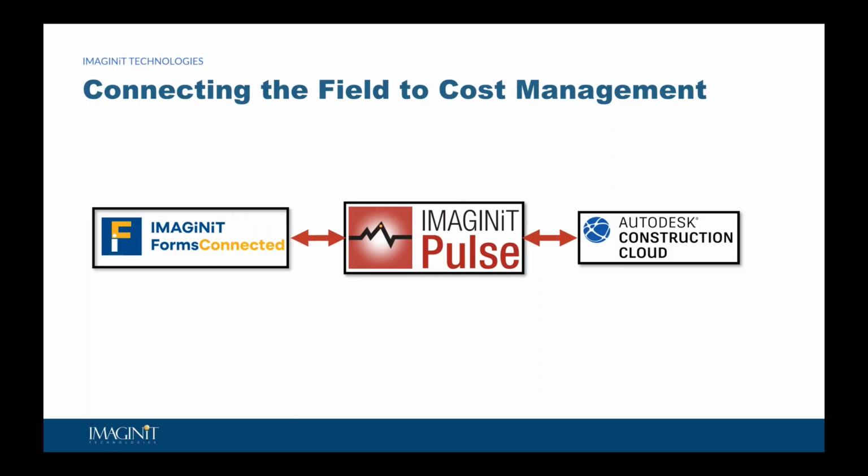Pulse is going to be that digital integration and automation platform. Again, it's going to act as a hub, and it's going to route information where it needs to go, ensuring that things like project details, line items, unit costs, quantities, all of those things are properly mapped out. What this is going to do is remove the burden of manual entry, and it's going to eliminate the errors and delays that we see in that manual process.